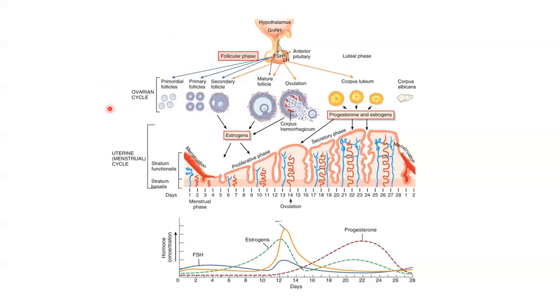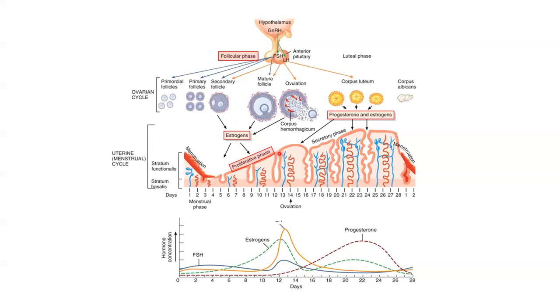So in the second half of the follicular phase, the uterine cycle is undergoing the proliferative stage. In our ovaries, our follicles are developing, but down here in our uterus, after we've shed that inner layer, we need to build it back up again. During this phase, estrogens are released into the blood by those growing follicles, and it stimulates the repair of the endometrium.